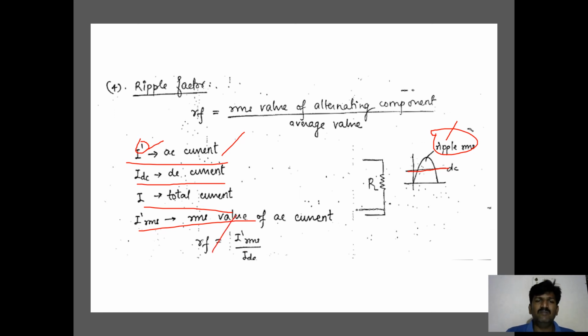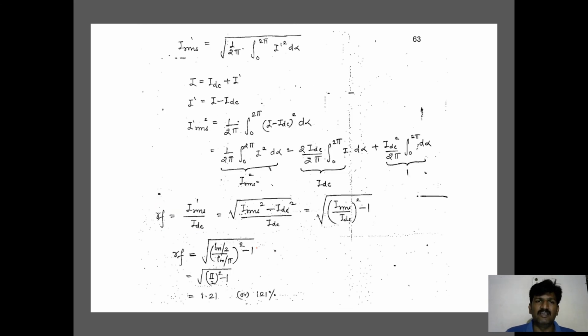Ripple factor: how much AC current is available in the rectifier's DC current is given by the ratio I dash RMS divided by IDC. You can write I dash RMS as the square root of 1 by 2 pi, integral 0 to 2 pi, I dash square d alpha.